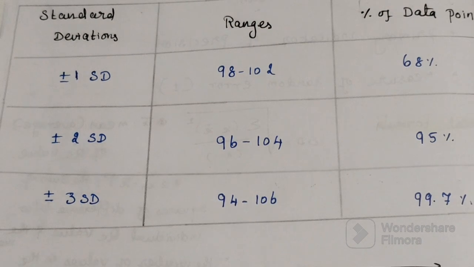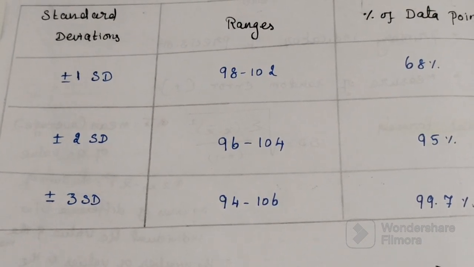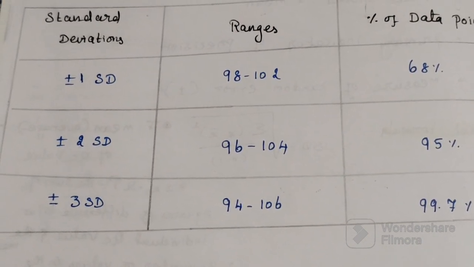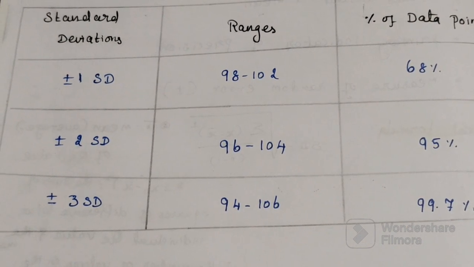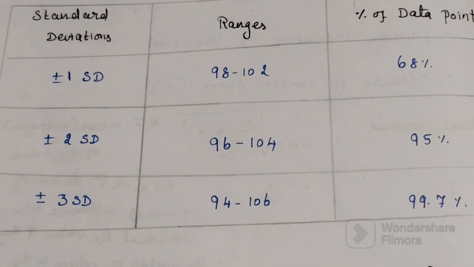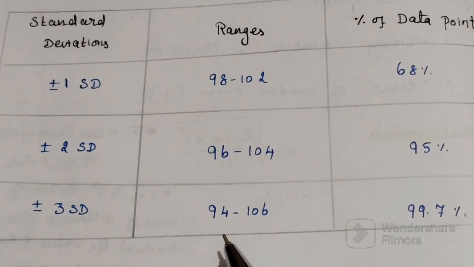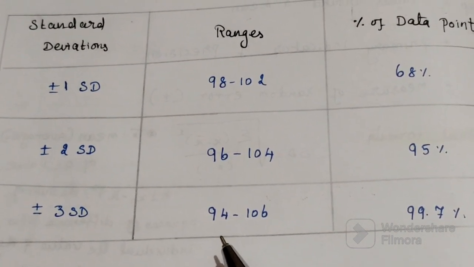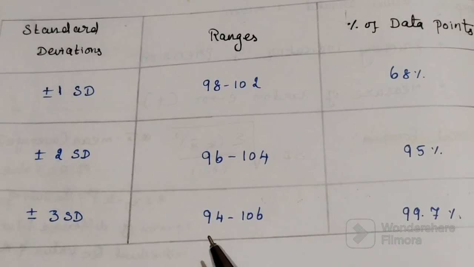Then the third one is standard deviation, same way. We multiply the standard deviation by 3, so we get 6.